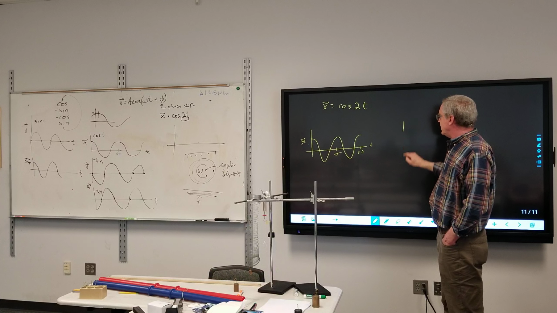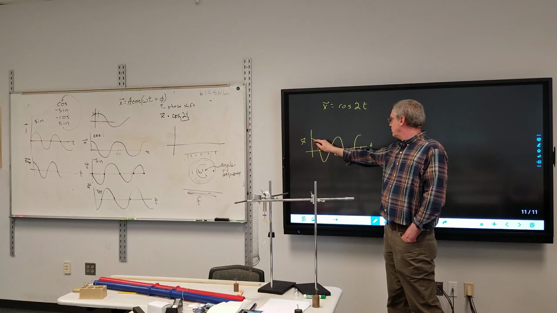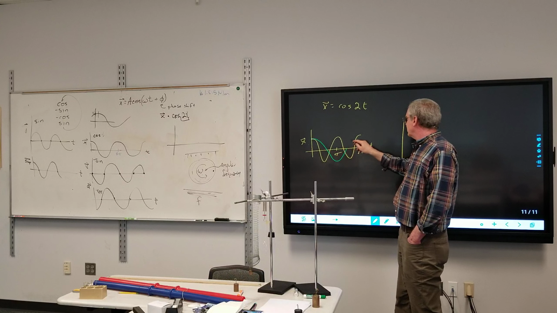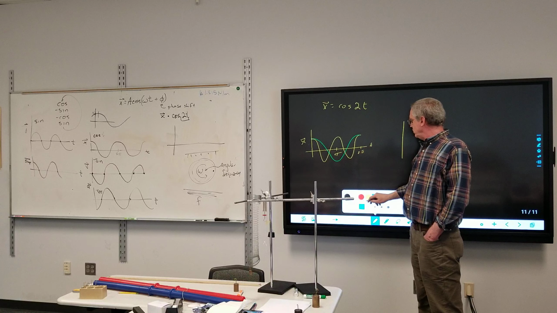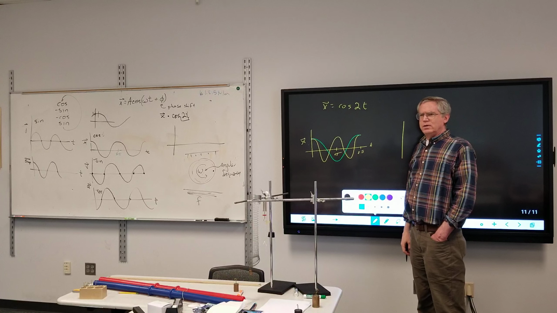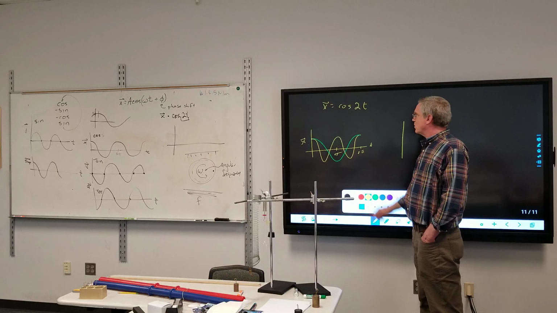The first time we did it, it looked more like this. So if I'm at cosine of 2t, what's that going to do to the slope? Make it steeper. Matter of fact, it's going to double it.